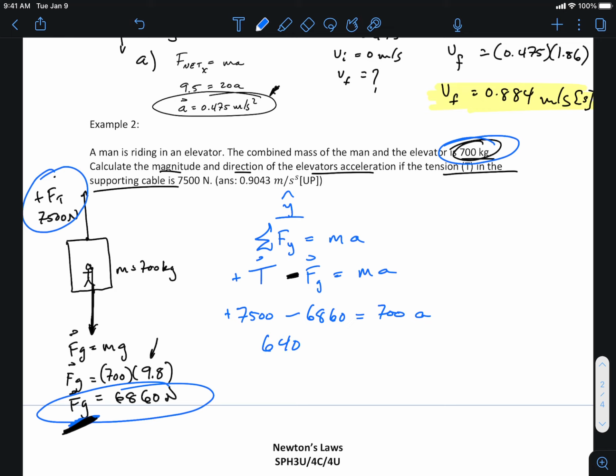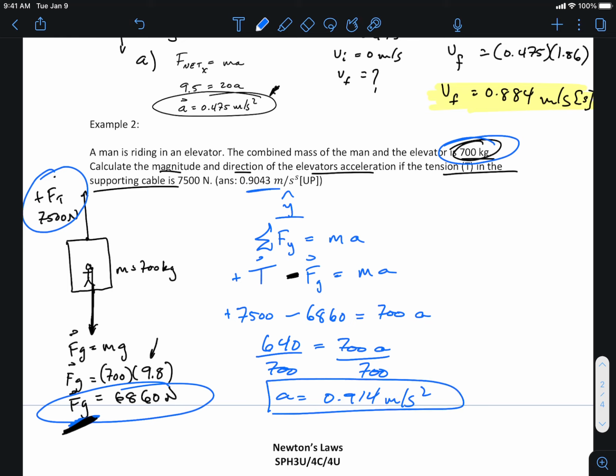Is that right? Okay, and then you just divide both sides by 700. And A will equal 0.914. Not exactly the answer, but very, very close.